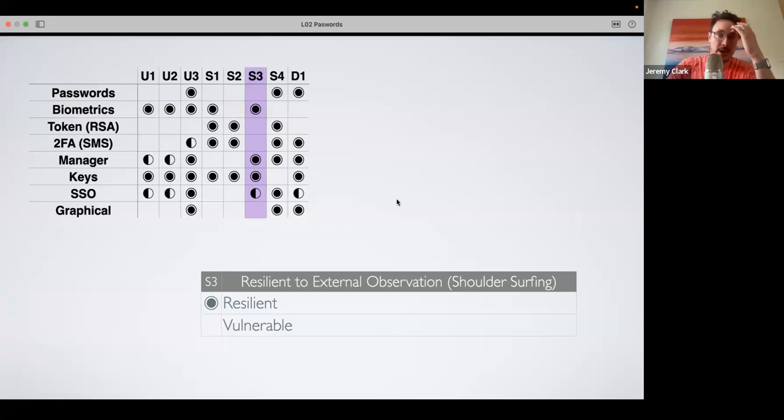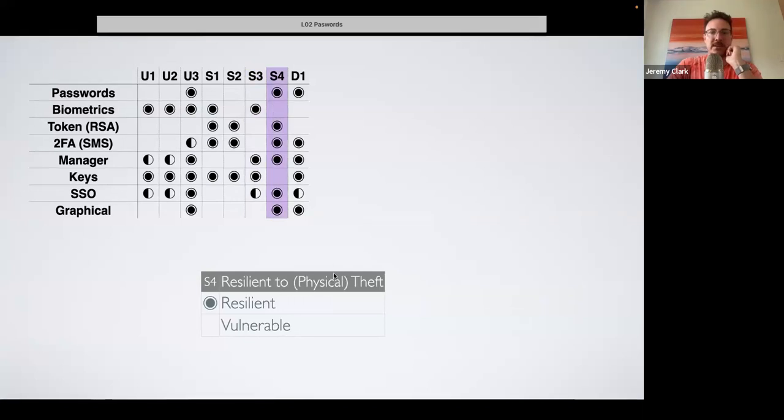But if I shoulder surf you on putting the master password in, then I could grab it. So I think maybe I didn't do a good job copying the lecture notes over, but you could introduce a half dot for like, there's one password that's vulnerable to this attack, but the rest of them aren't.